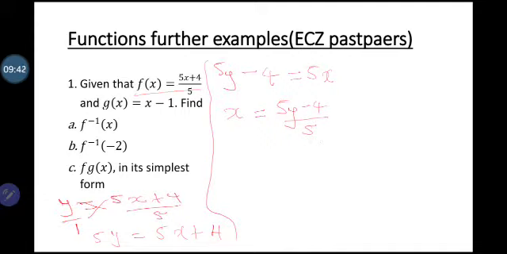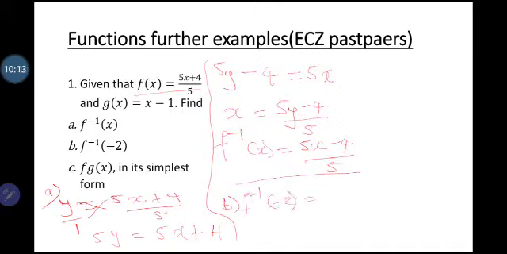Next, we substitute our x with f inverse of x is equal to, we replace y with an x, going to have 5x minus 4 over 5. This is our f inverse of x. Then b, this was a, then b, we're getting f inverse of negative 2. So f inverse of negative 2, we already have an expression for f inverse of x.